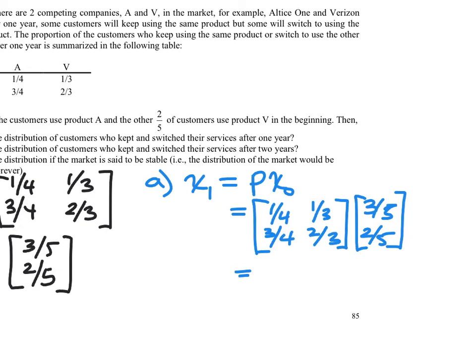I'll put them in as fractions. 1/4, 1/3, it automatically puts it in decimal. 3/4, 2/3, then matrix B, 2 by 1, 3/5, 2/5. All right, so all I'm doing is A times B. Ah, I hit the wrong thing.